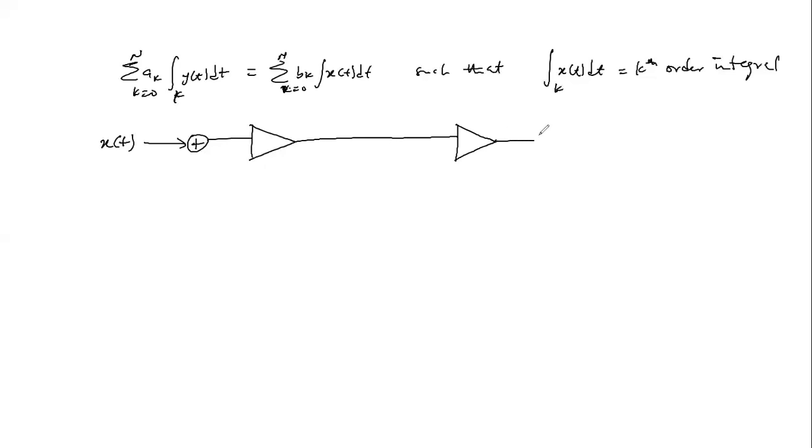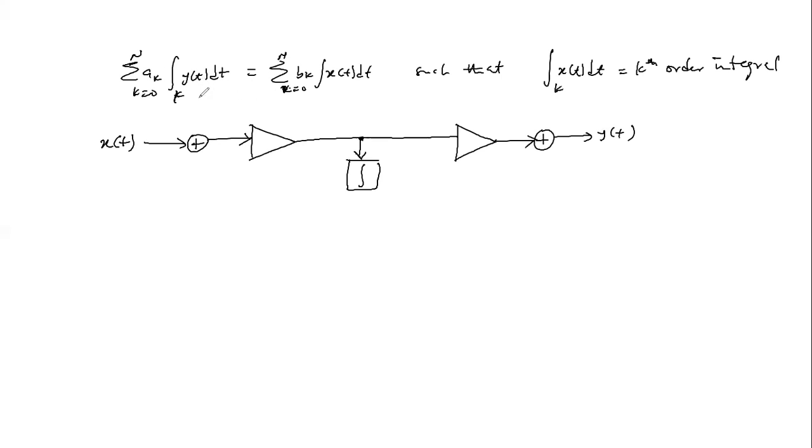Then it goes into another adder. Then we have a y of t. Yeah? So at this point, we have the integrator. Okay. So there's an arrow here, and there's an arrow here, right?